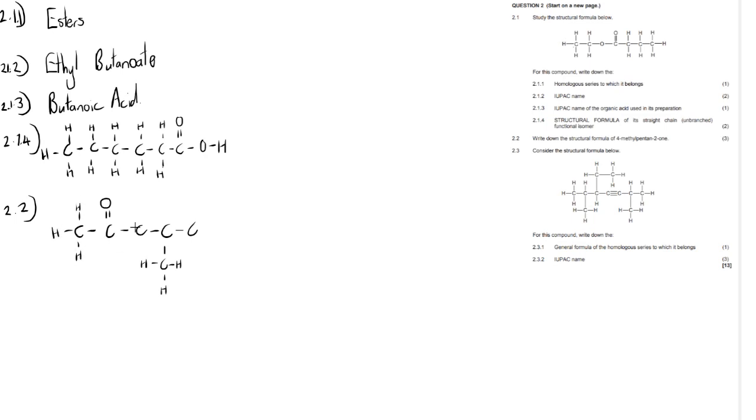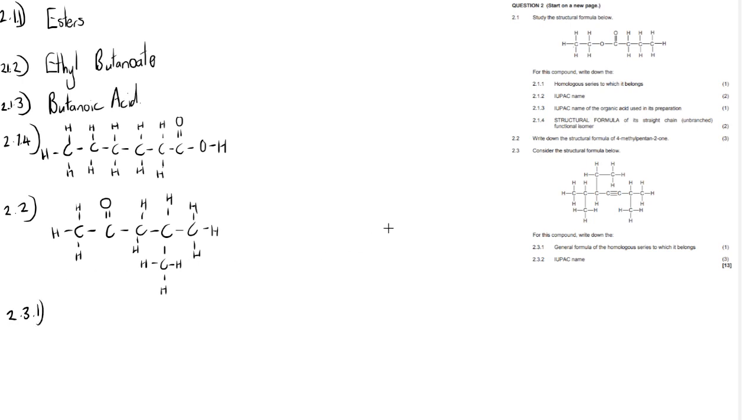Please do not write any substituents, like methyl or ethyl groups, like this. This will not be allowed anymore, so please watch out, not for structural formula anyway. I'm just going to be ensuring that each one of my carbons has 4 bonds. This carbon right there needs another hydrogen. That carbon is happy right there. Do not add an extra one there when it's not necessary. Count your hydrogen bonds.